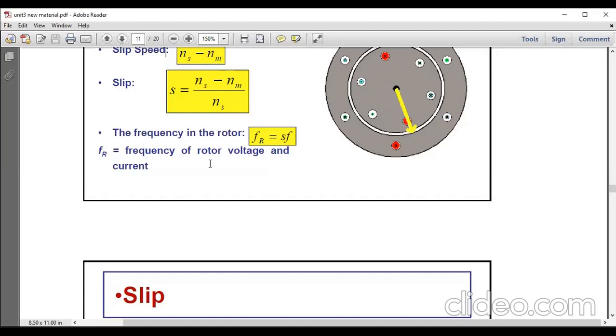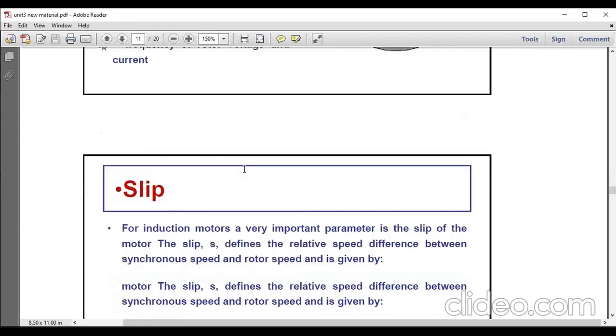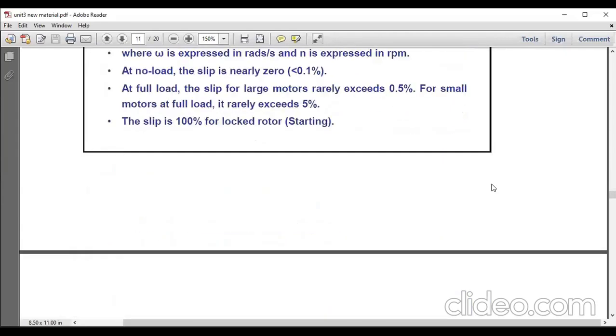The frequency of the rotor cannot be equal to the frequency of the stator. The stator frequency is the supply frequency, but the rotor frequency is different. So never confuse: the fundamental frequency is equal to the stator frequency, because the stator is given the input supply, but the rotor frequency will differ. This slip we can discuss in the next class.